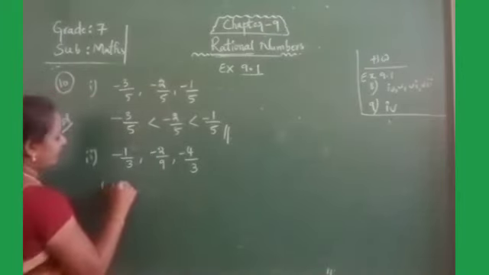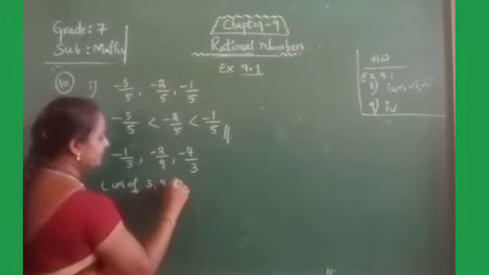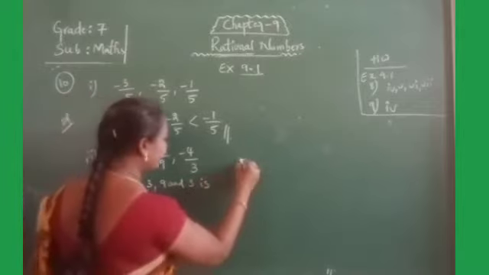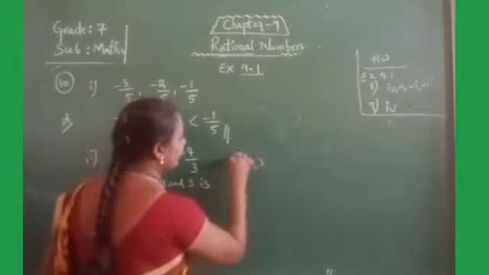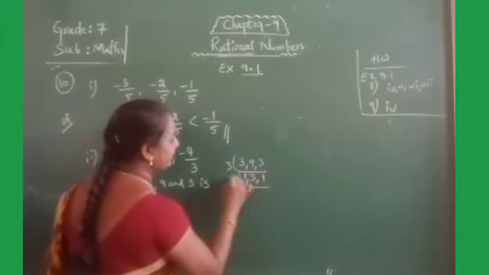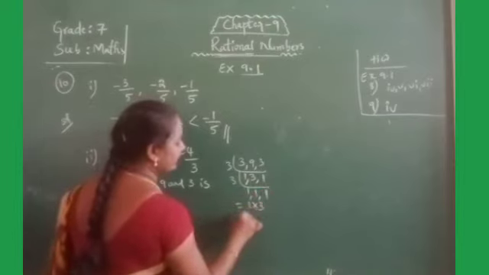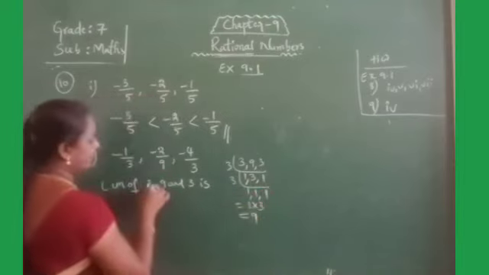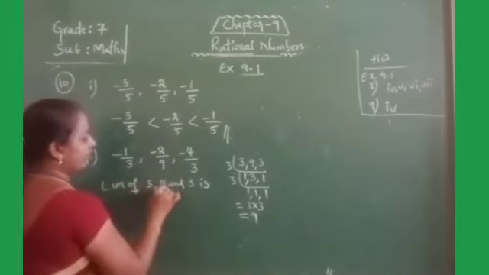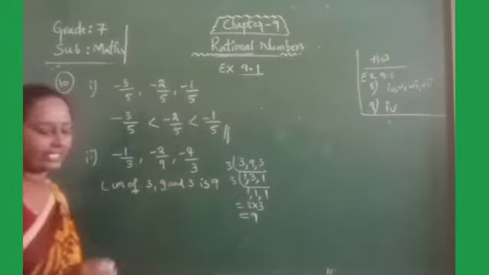The LCM of 3, 9 and 3, what is that? 9 or 3? You can find. 3 ones are 3, 3 threes, 3 ones, again 3 ones, 1, 1. That is 3 into 3 is equal to 9. These are the factors of 9, so the highest value is 9. The LCM of 3, 9 and 3 is 9.